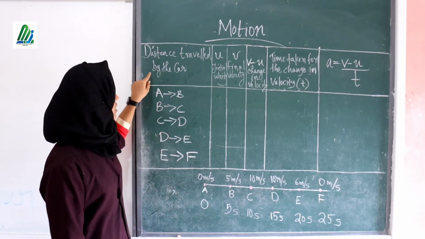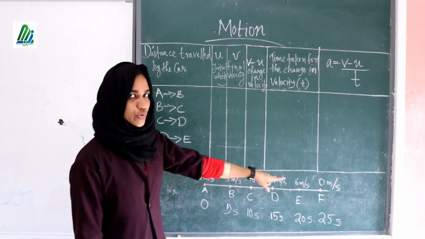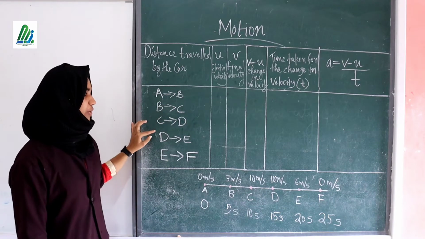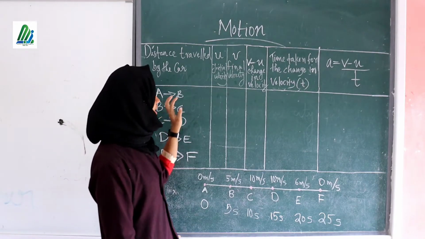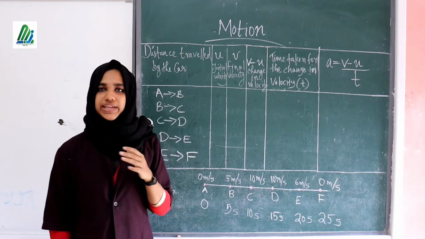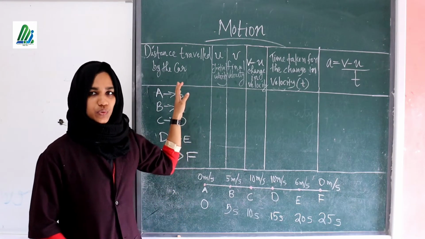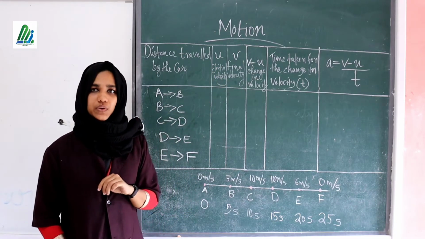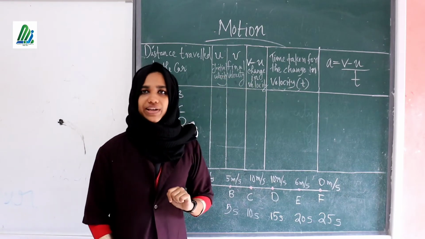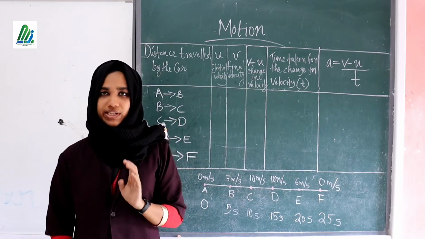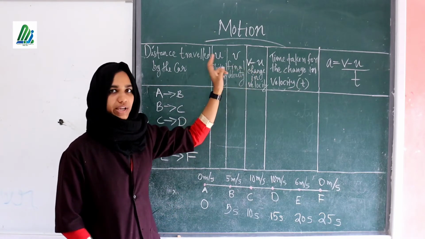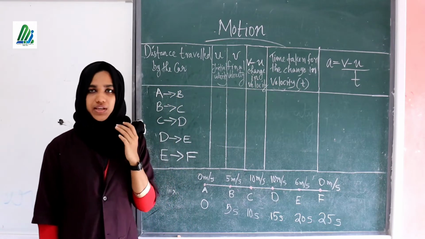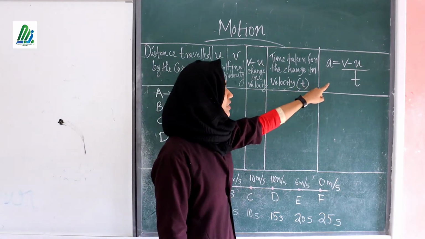First, the distance traveled by the car from A to F: from A to B, B to C, C to D, D to E and E to F. Then initial velocity, represented by the symbol U. Then final velocity, represented by V. Then change in velocity, which means final velocity minus initial velocity, that is V minus U. Then the time taken for the change in velocity, that is t.